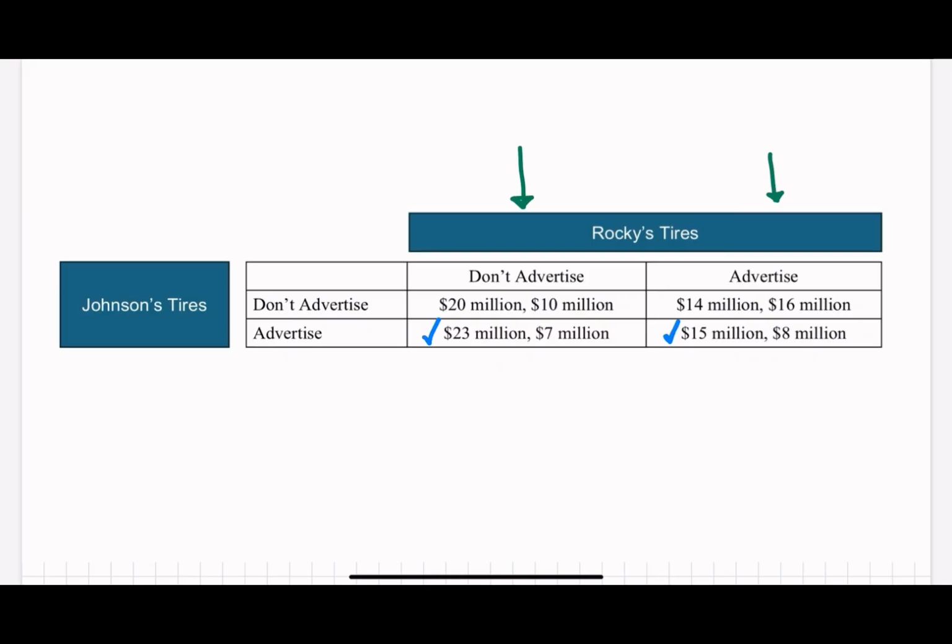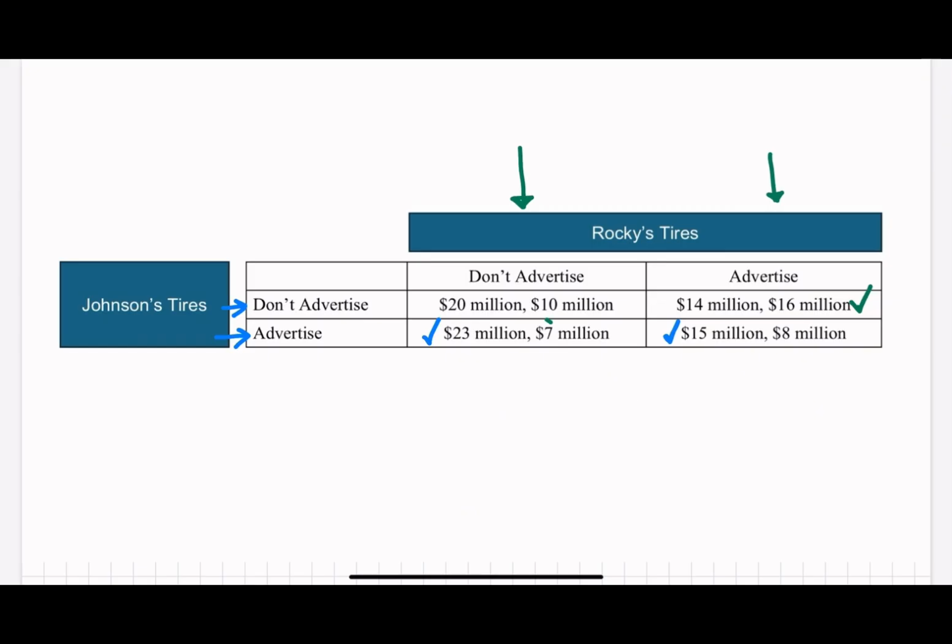So if Johnson Tire decides not to advertise, then Rocky is going to choose between don't advertise and $10 million and advertise and $16 million. Well, 16 is greater than 10, so it's in Rocky's best interest to advertise. If Johnson Tire decides to advertise, and that's their strategy, then what's the best response for Rocky?